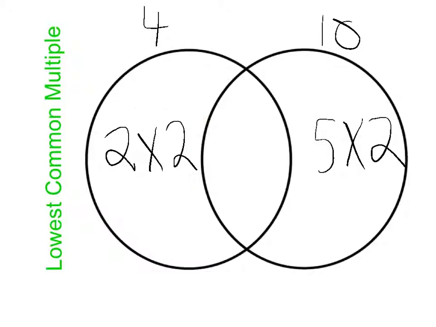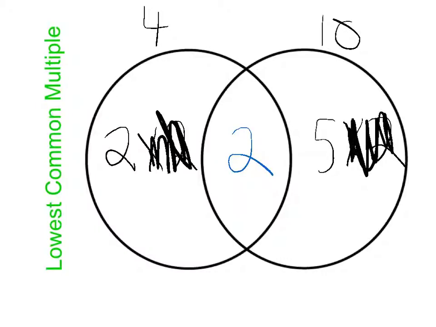There's a 2 right there, and there's a 2 right there. So what I'm going to do now is I'm going to put the number that is the same in the middle, and I'm going to get rid of the 2 here and here, because now I put them in the center of it.